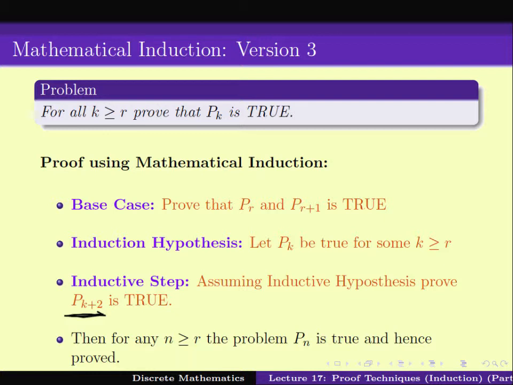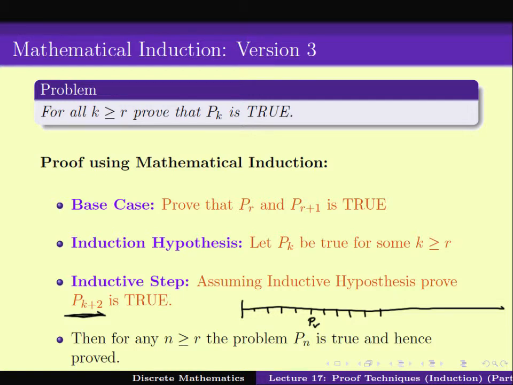Now why is this true? As I told you earlier, the whole point is to ensure that for all i, Pi is true. So if you think of this real line and say Pr is somewhere here, then we have Pr plus 1, r plus 2, r plus 3, r plus 4, r plus 5 and so on.